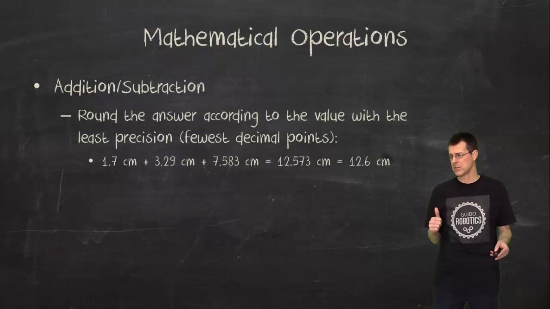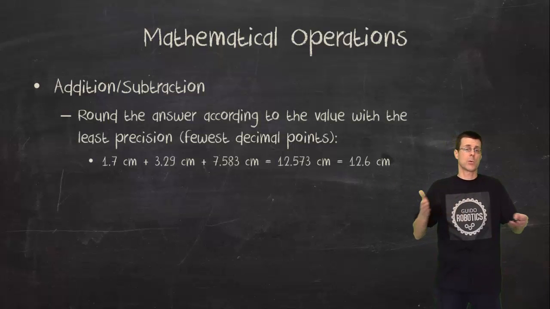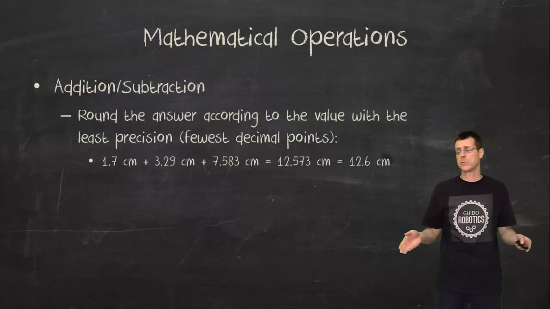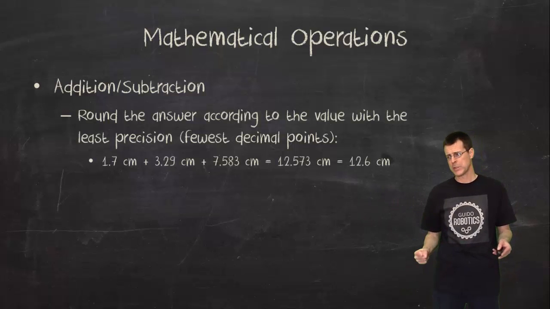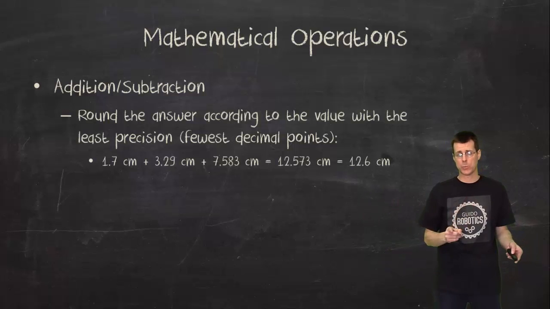So if you took a look at this, my first value there, 1.7, if it were 1.70, it'd be a different story. But because it's 1.7, I can't count on the significance. I can't count on significant digits past that 1.7. So I round everything to 1 decimal point.